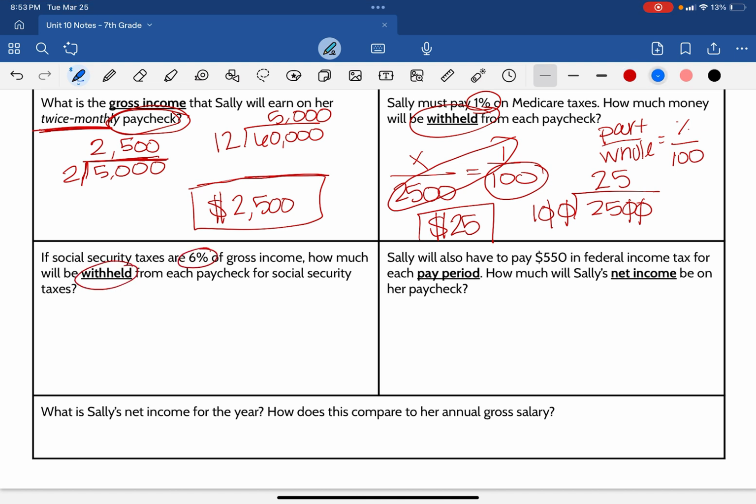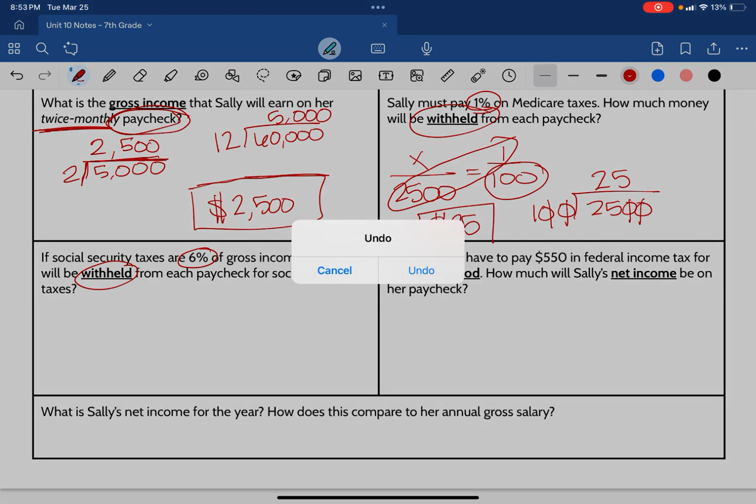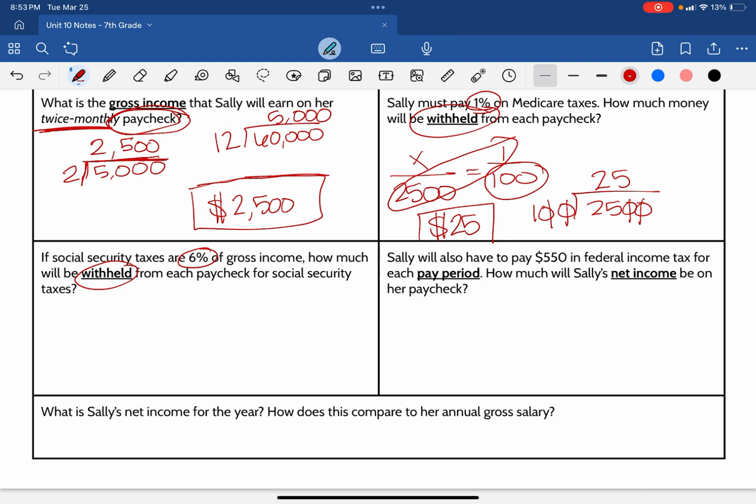We're going to use this same thing right here. This is going to be used over and over. So go back. Let's do that. What was my part? Or what was my whole? My whole is that 2,500. So that's my whole, because this is per paycheck. Each means one paycheck. She gets paid twice a month.